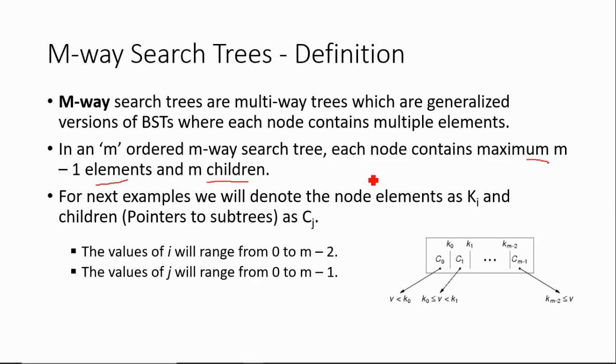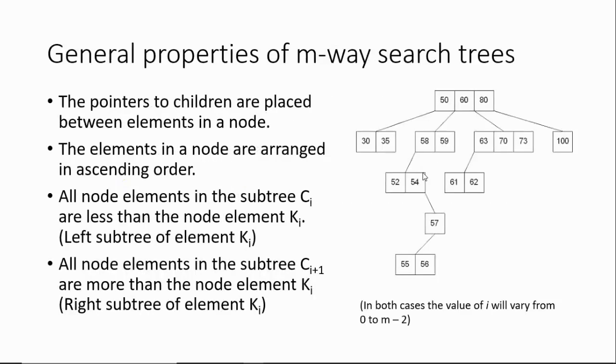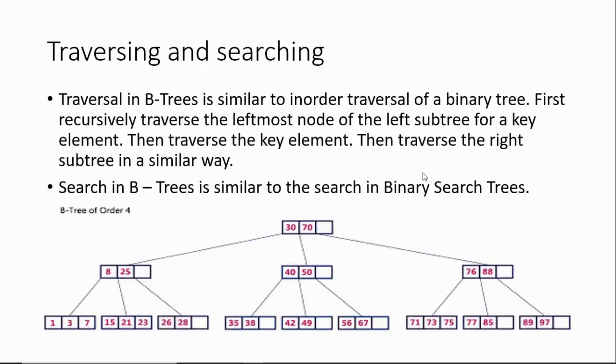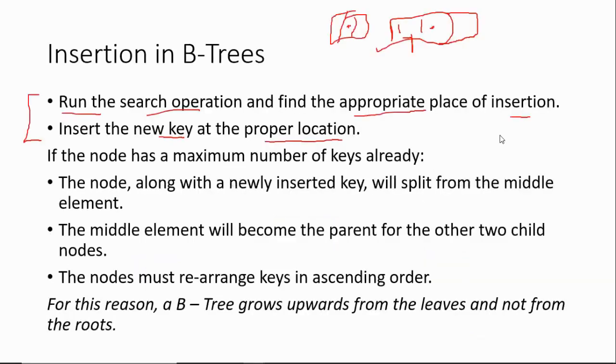If there are m children in that node, then there have to be m-1 elements. So any place in that case cannot be empty. We have to take care of this part also. The minimum number is more of a concern in deletion cases, but in the case of insertion, this maximum number is important, because if there is an overflow, then we cannot insert, or insertion will cause a problem.